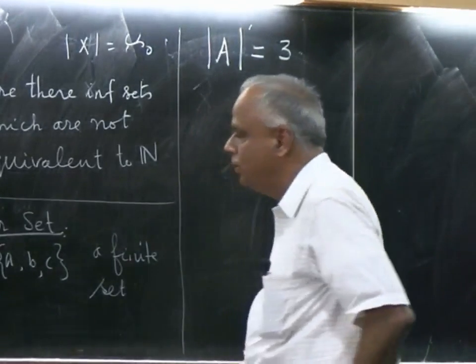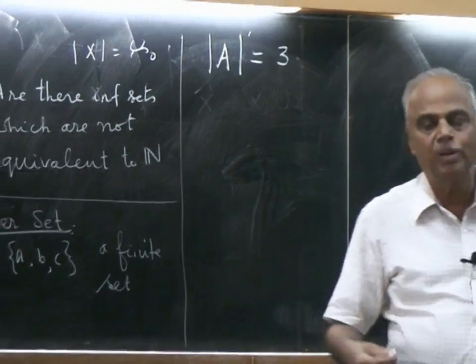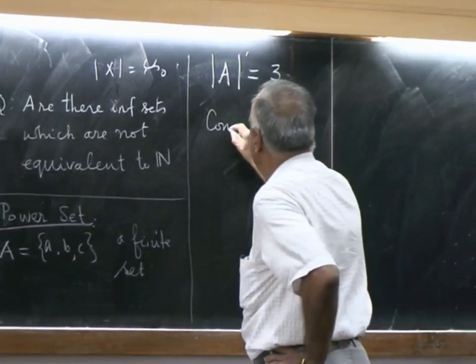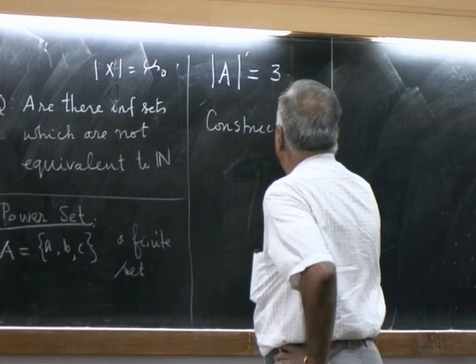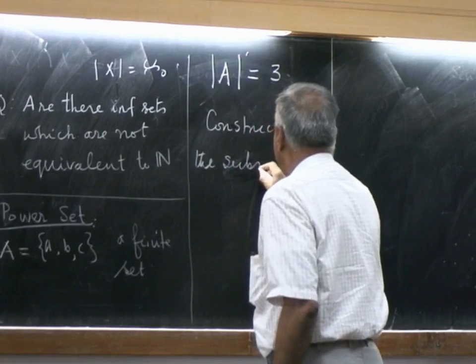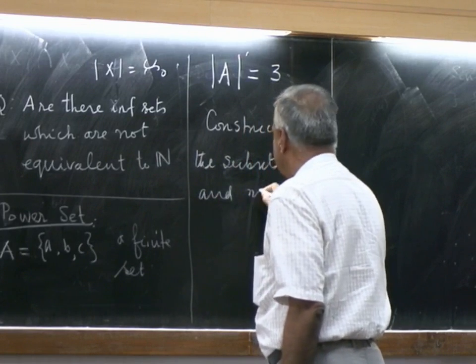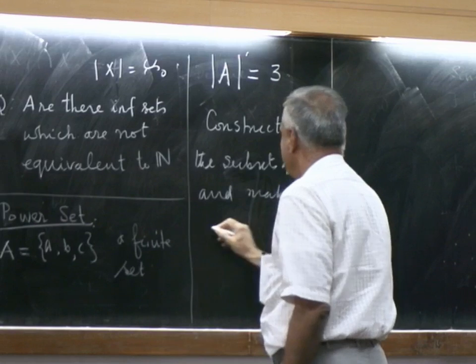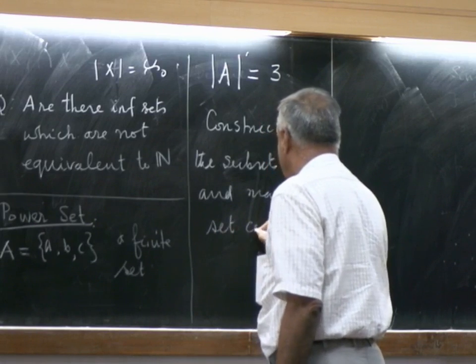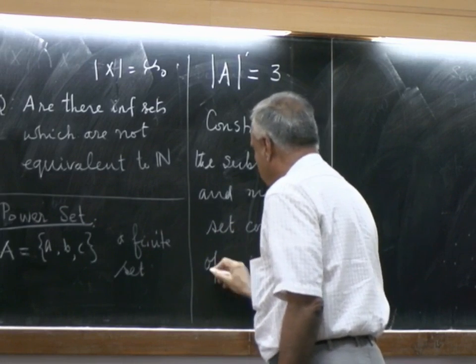Now, what we are going to do is, let us look at all the subsets of A and make a set out of it. So, construct all the subsets of A and make a set consisting of all these subsets.